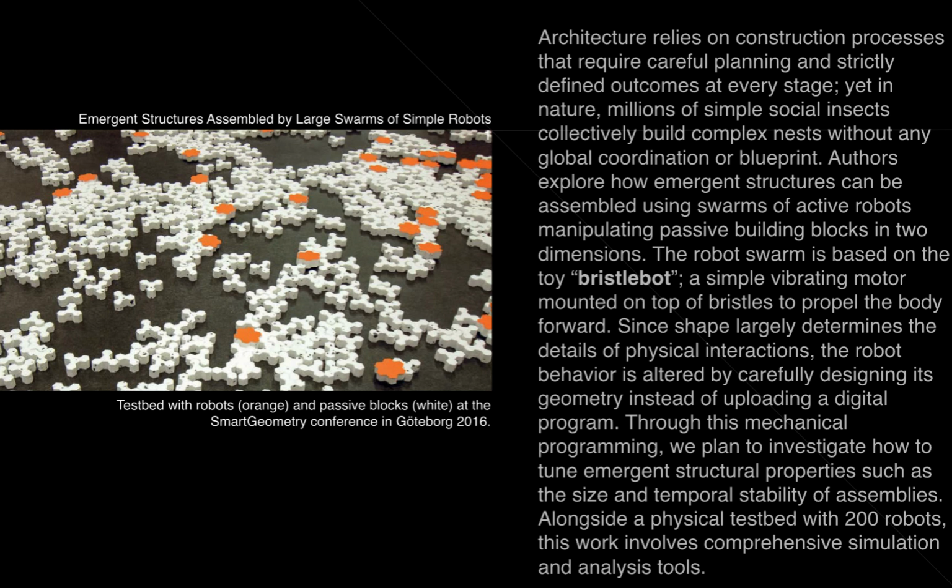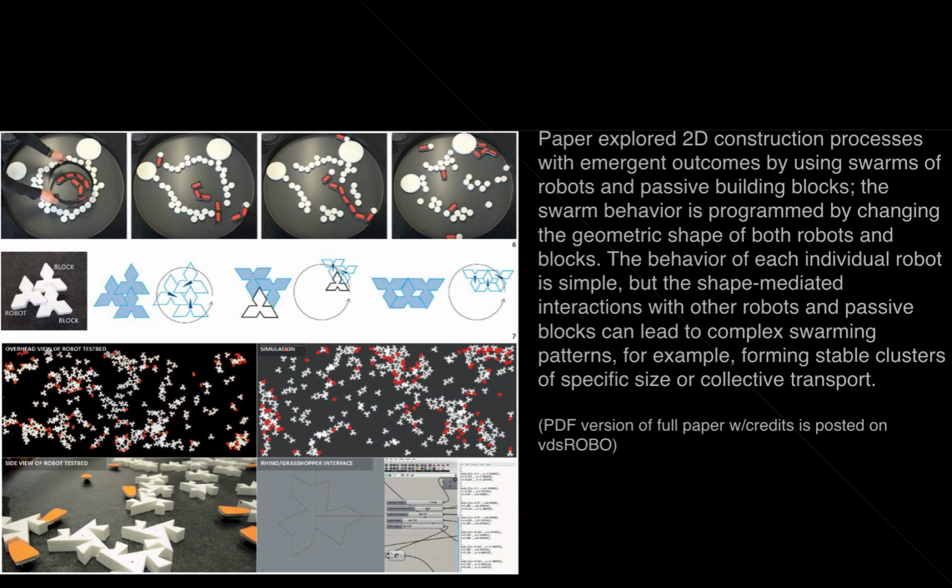This was presented at the Conference of Smart Geometry in Göteborg in Sweden just a few months ago. The paper explored 2D construction processes with emergent outcomes by using swarms of robots.